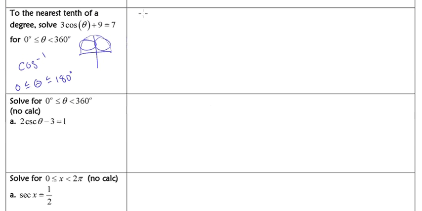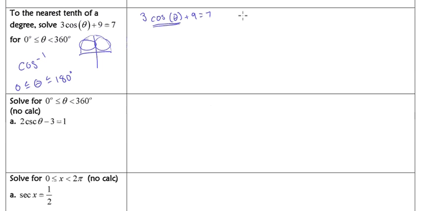So we've got 3 times the cosine of theta plus 9 equals 7. Just approach this like you would with a regular equation. We're going to try to isolate the trig function, just like you would isolate x.